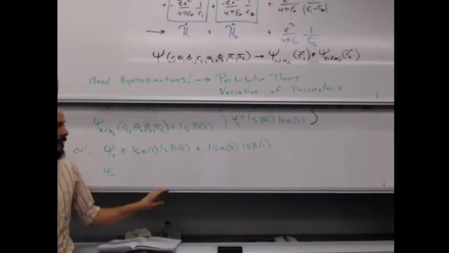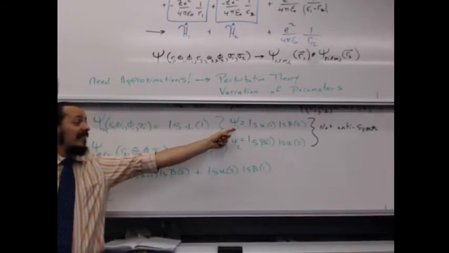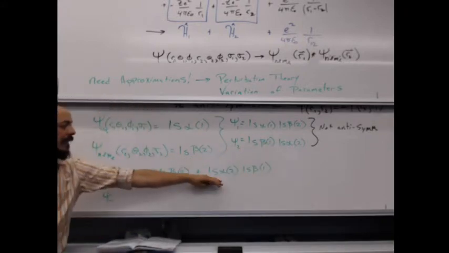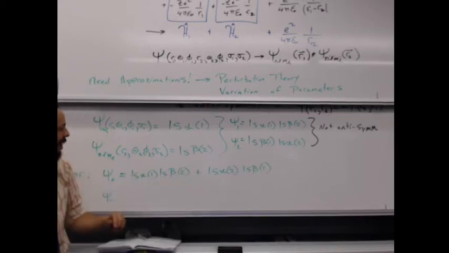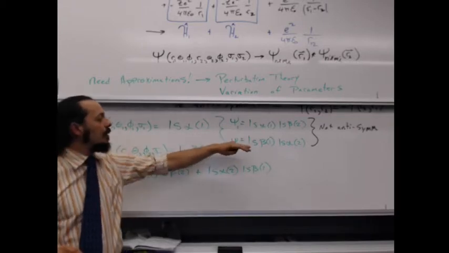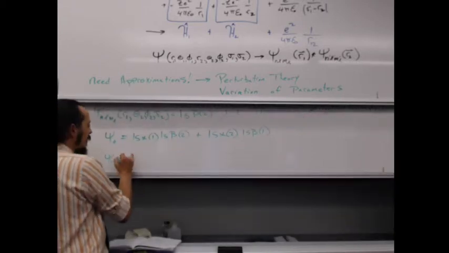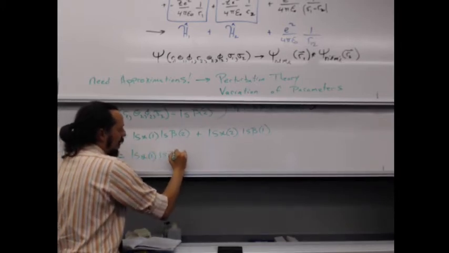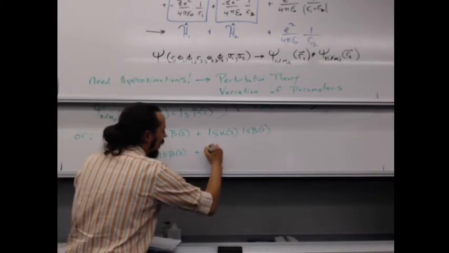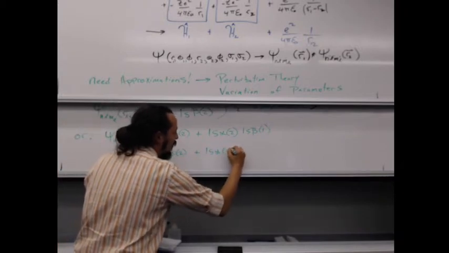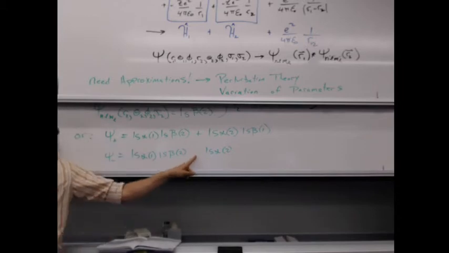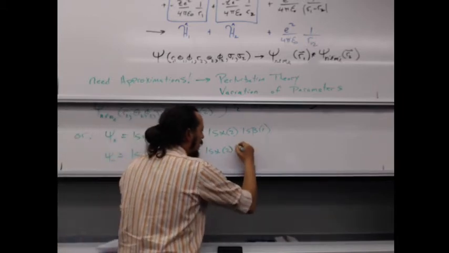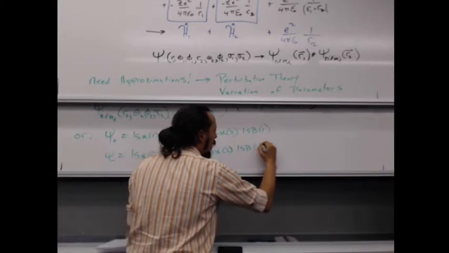So psi plus is just what I labeled as psi 1 plus psi 2, and I just switched where my alphas and betas were just because I like keeping my alphas in the same spot. And then I could also do psi 1 minus psi 2. So I can do 1s alpha 1, 1s beta 2, minus, sorry, it's very important, 1s alpha 2, 1s beta 1.